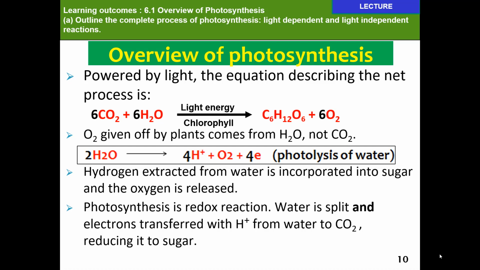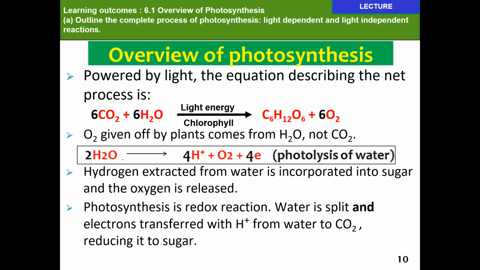Powered by light, the photosynthesis equation is summarized into 6 carbon dioxide plus 6 water produce 1 glucose and 6 oxygen. Oxygen given off by plants comes from water, not carbon dioxide.